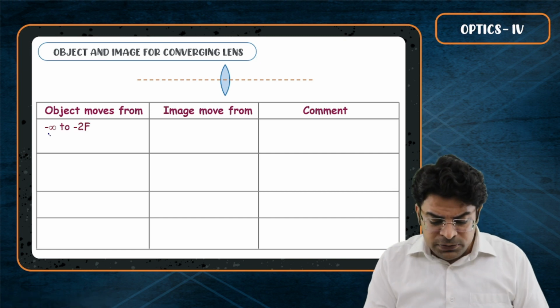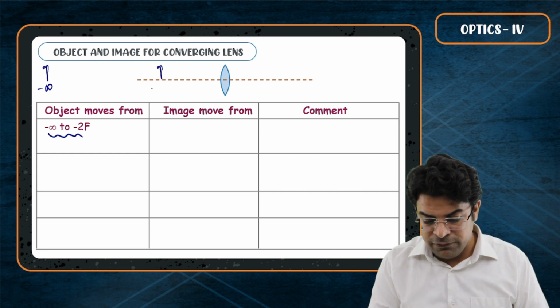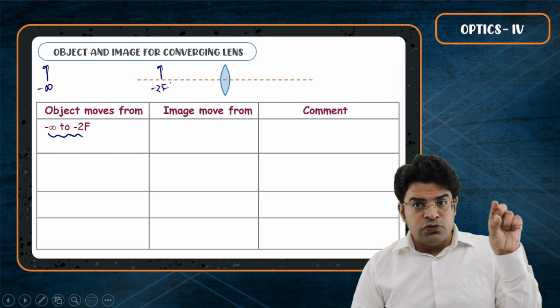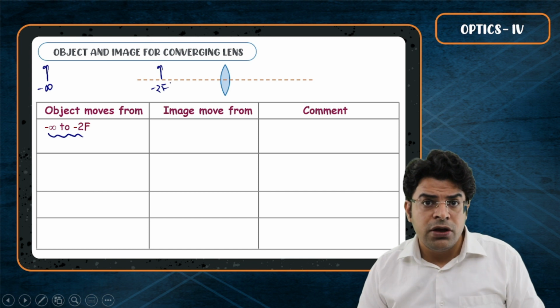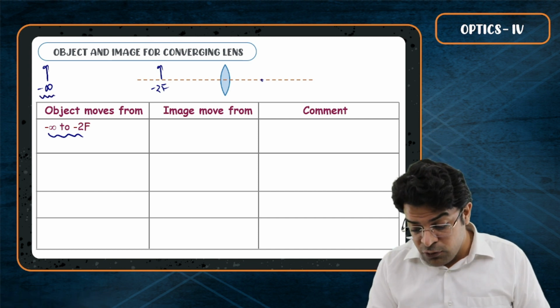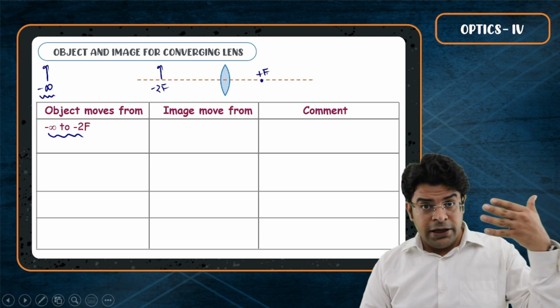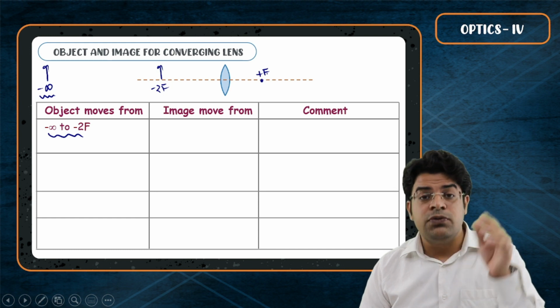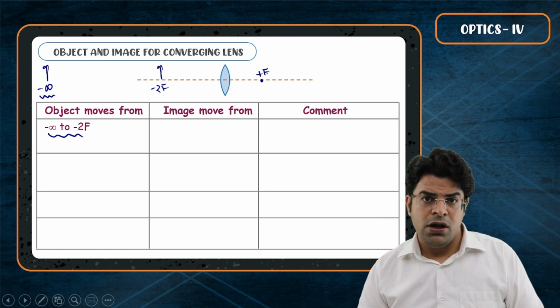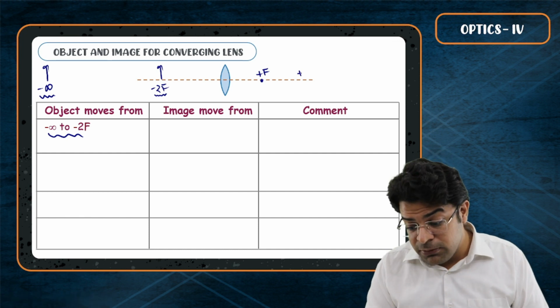So as the object moves from minus infinity to minus 2f, for the object at minus infinity, the image is formed at plus f, because the rays coming and hitting this lens will be parallel rays. For the object placed at minus 2f, the image is formed at plus 2f.